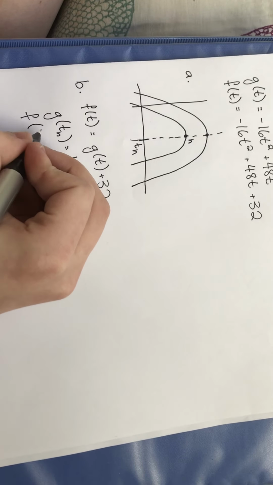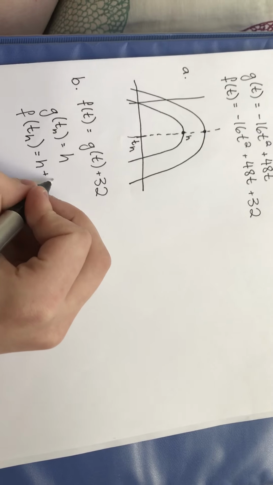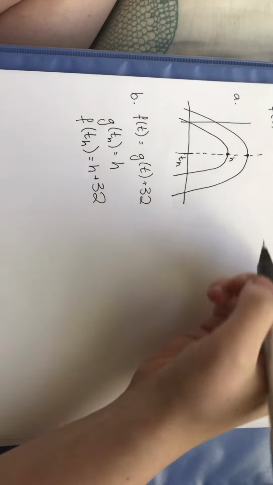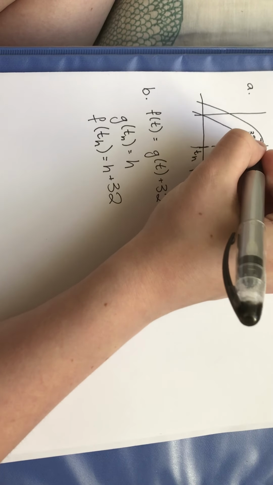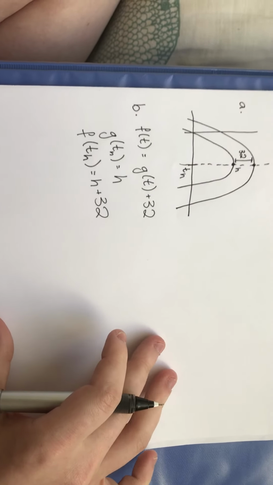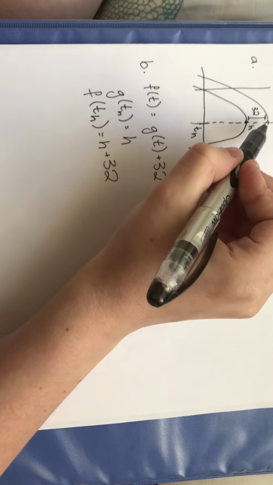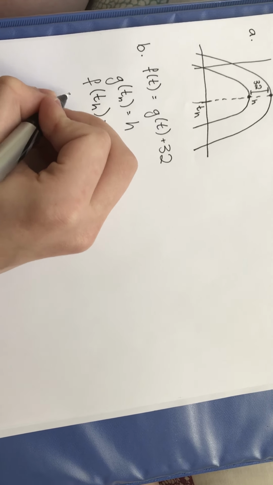Then f(t_h) equals h plus 32. So basically, that's a very long-winded way of saying that this distance is equal to 32. And what that means is that the stone thrown from the bridge goes 32 feet higher than the stone thrown from the ground.